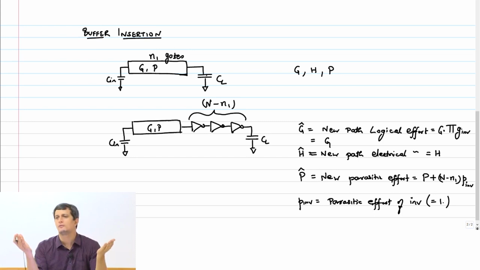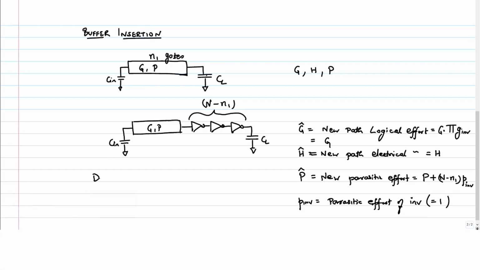So if I now have a total number of N gates, what's the minimum delay that is achievable in this circuit? The d min is simply going to be n into g hat into h hat power 1 by n, plus the parasitic effort of the entire circuit. What is that? That is P plus n minus n1 into P in.